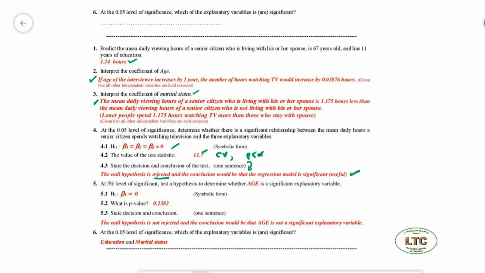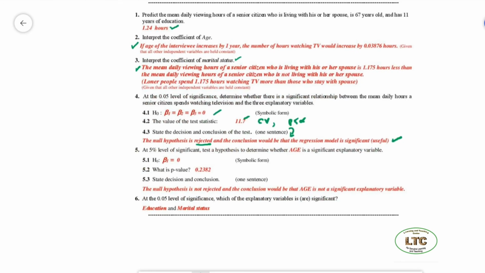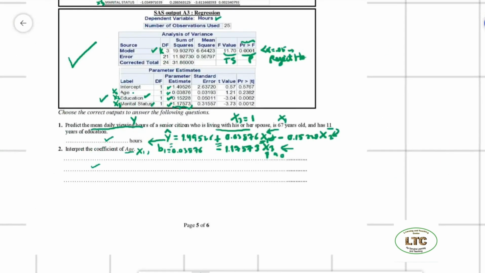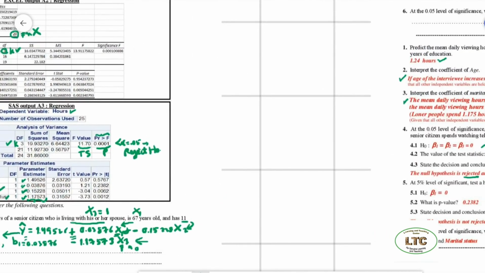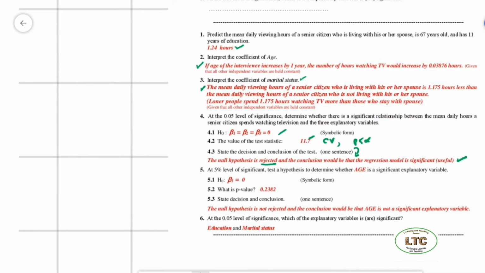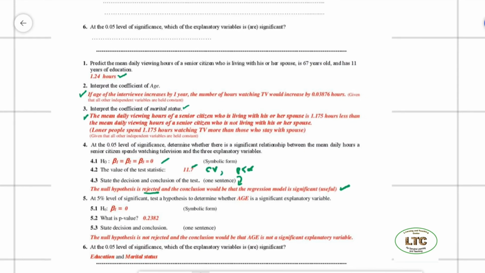After that, the question asks if age is a significant explanatory variable. Can age explain y or not? Can age explain daily television watching hours or not? So age is x1. So x1 will contribute to the estimation of y if beta 1 is not 0. If beta 1 is 0, we don't see any relationship of y on x1, age.